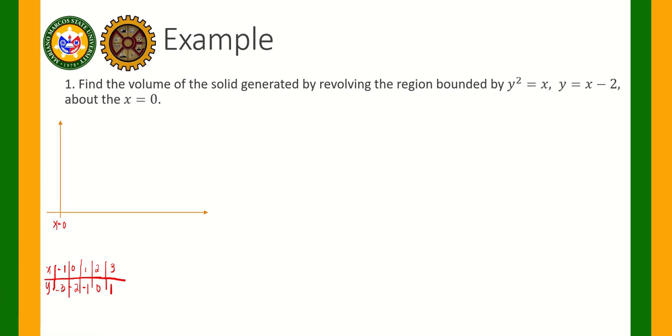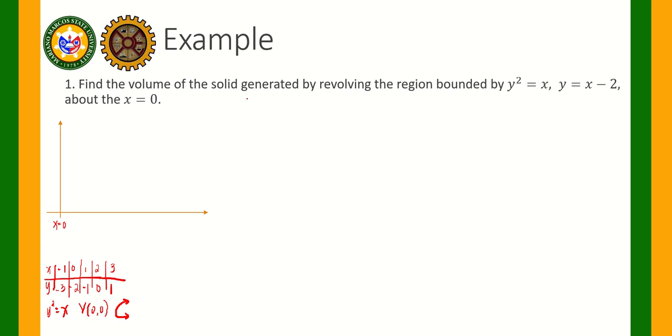Now, for y squared equal to x, if we look back sa ating mga parabola, this is a parabola that opens to the right with vertex 0, 0. Okay? Ito yung parabola natin. Tapos ito is linear graph.